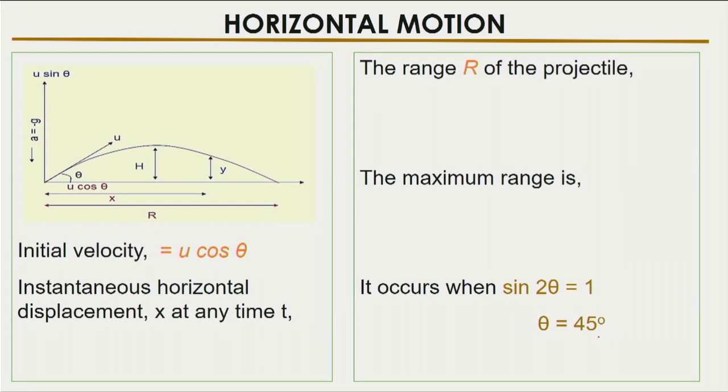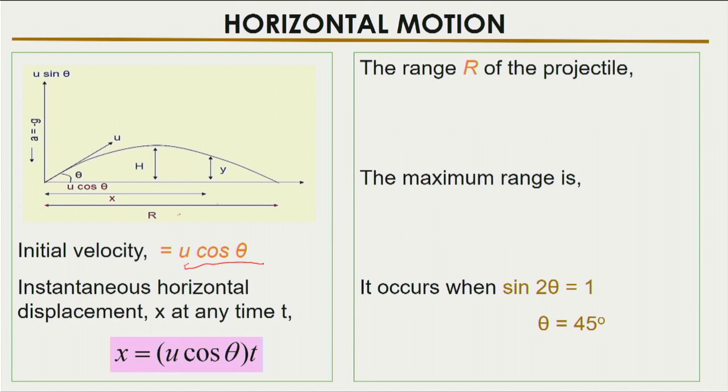The next one is horizontal motion. Horizontal initial velocity equals u cos theta. The instantaneous horizontal displacement x at any time t is x equals u cos theta t.